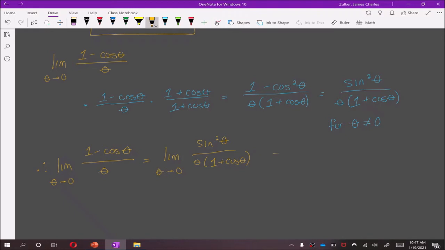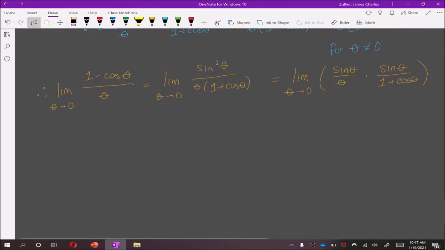Now we're going to have to be a little clever. We can write this fraction as a product of two fractions, specifically sine theta over theta times sine of theta over 1 plus cosine of theta.